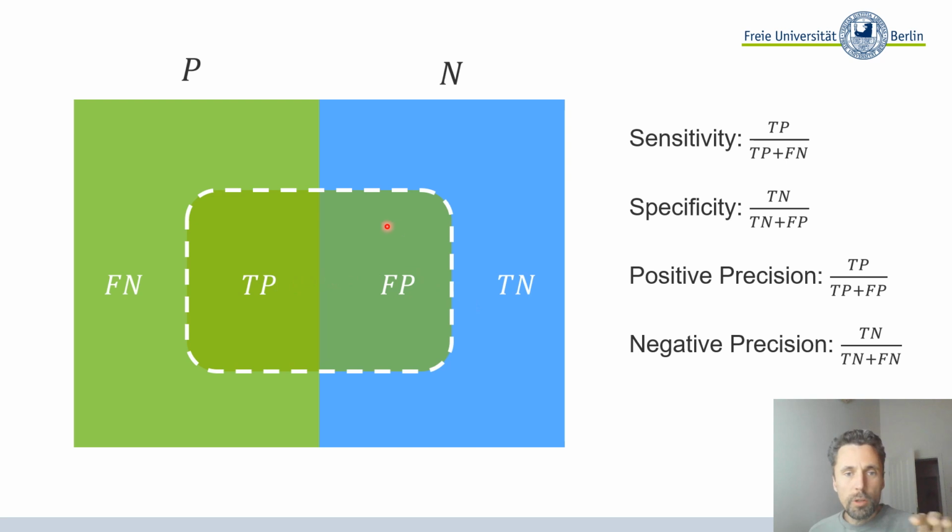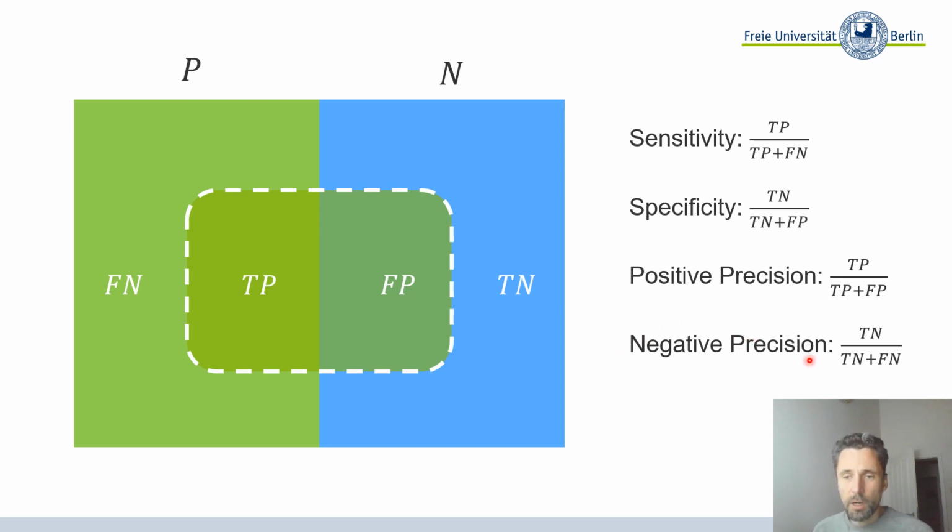And so, this box could move into P again, therefore decreasing the size of the false positives. Yeah? Although, it could be a very small region that we cover. So we would be very precise, and by the way, also very specific, but not very sensitive. Yeah?